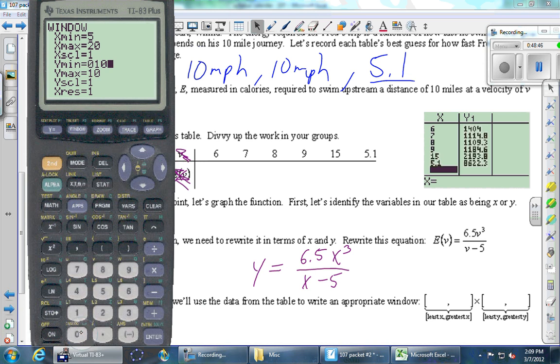I'll go to like 10,000 or something. Oopsies. 0 and then 10,000. And so if you pick that window and you take your time thinking about the window, and you hit graph, you'll actually see something. I think hopefully we'll see something kind of nice.